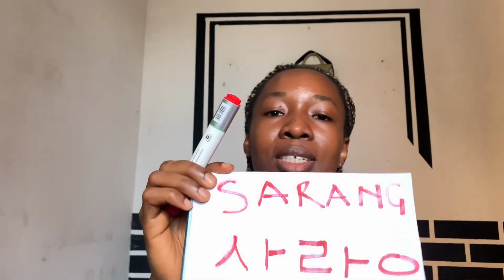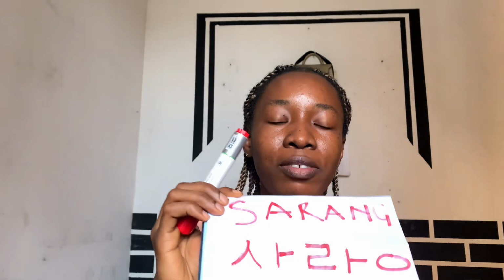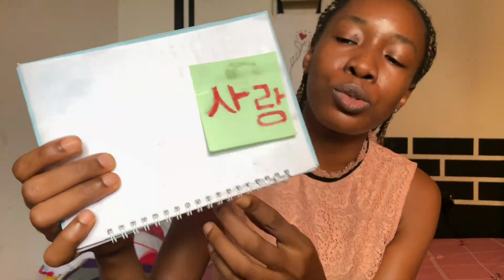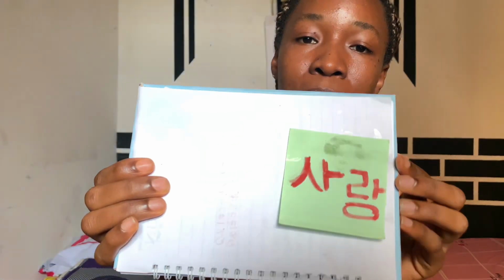After writing the word out, I'm going to replace each of these letters with the Korean alphabet. So this is what it looks like now after replacing each alphabet with the Korean alphabet. After going through every other step, this is the final step you have to go through when spelling a Korean word. So this is the arrangement system, which I'm going to be taking in my next video.